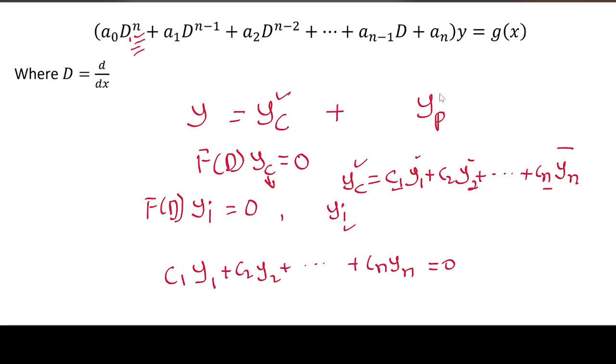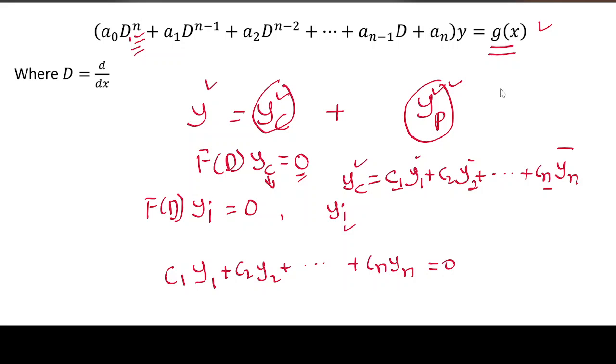Next, we will see what the particular integral is. For the complementary function, we are not bothered about the RHS part; whatever the RHS part is, we are just taking it as 0. So this RHS part will have its effect in the particular integral. This will be the non-vanishing part of the general solution.